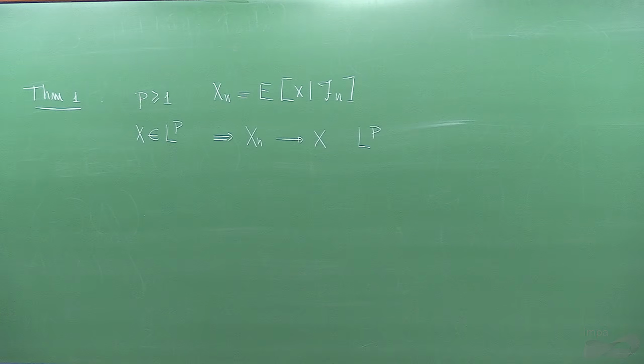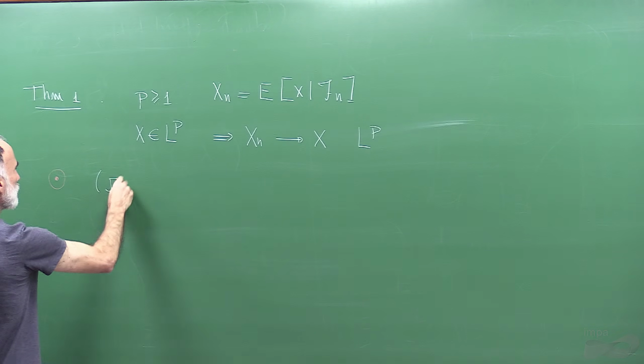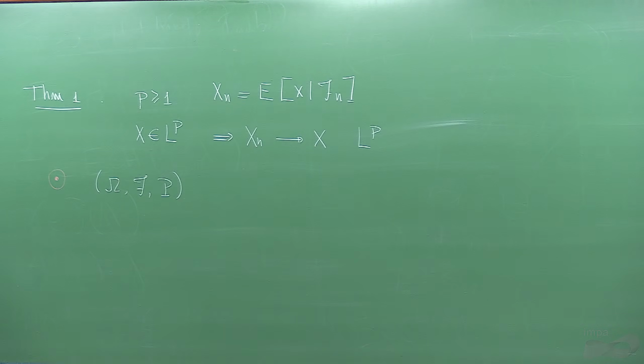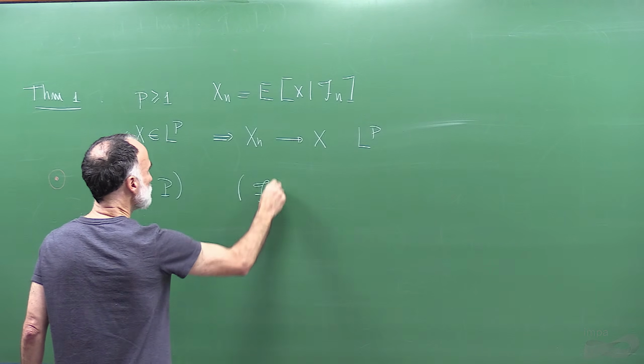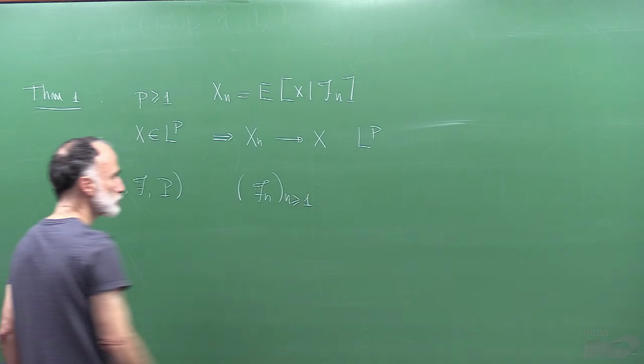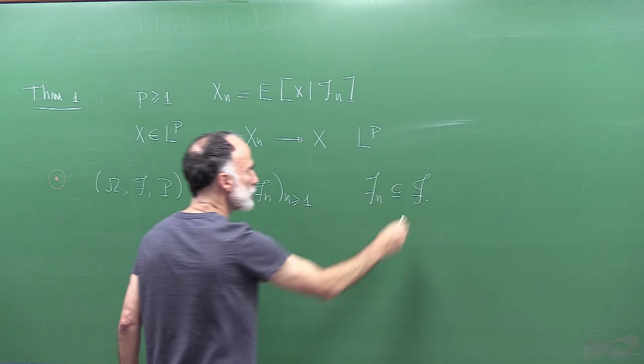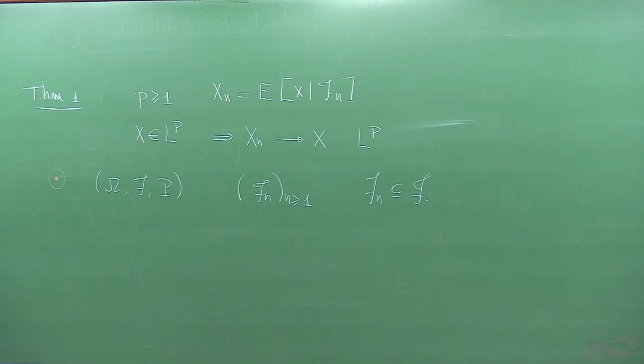So the union of the sigma algebras. That's a good point. As he mentioned, remember that we have a probability space, omega, F, P, where these variables are all defined, and we have a filtration Fn. And I assumed that these sigma algebras are all contained in F. Remember, a filtration is a sequence of sigma algebras which is increasing.